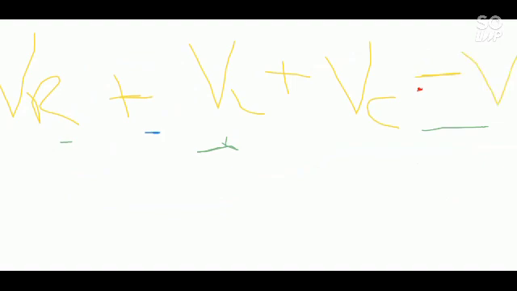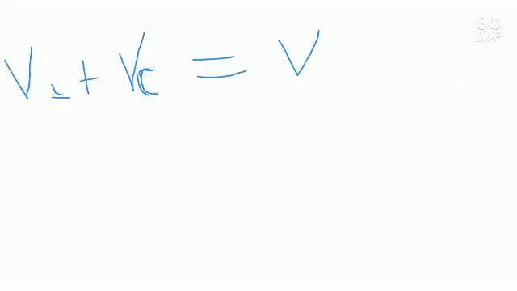The algebraic sum will always be 0. This is what I mean by the algebraic sum. Similarly, if we take the negative term to the right hand side, we get VR plus VL plus VC is equal to V. VR dissipates energy, VL dissipates energy, VC stores and then dissipates energy, and V is the source of energy.